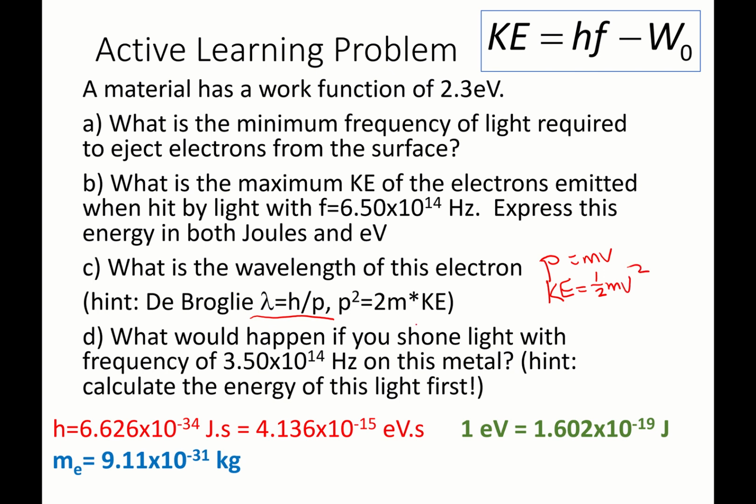So that means that I can find the momentum compared to the kinetic energy. p squared is 2 times the mass times the kinetic energy. So it's just a shortcut there, or you can rearrange it, find v, and calculate p. So the mass of an electron is given at the bottom. And then there's a trick question. What would happen if you shone light on that had a frequency of 3.5 times 10 to the 14 hertz? What would be the kinetic energy of the electrons that are emitted?